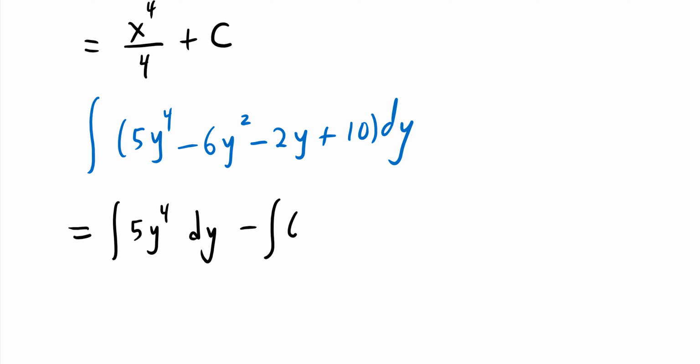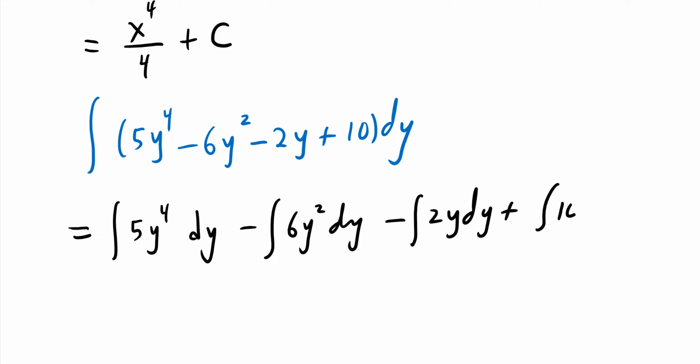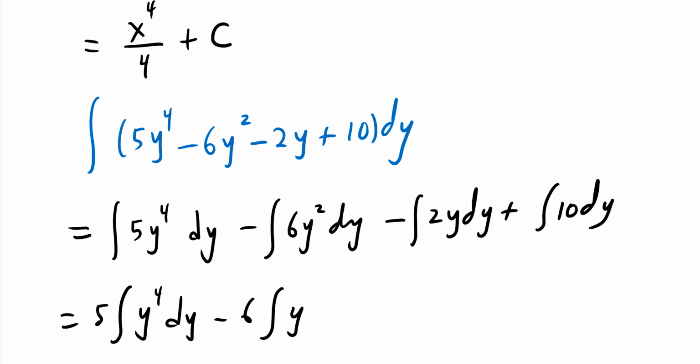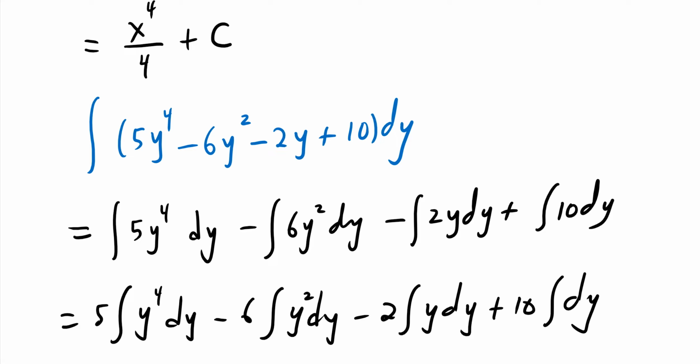We can split the integral of the first one dy, integral of the next one, minus the next one dy, plus the integral of 10 dy. Here we take the 5 outside, y to the 4th dy, take the 6 out, y squared dy, take the 2 out, y dy, take the 10 out, dy.